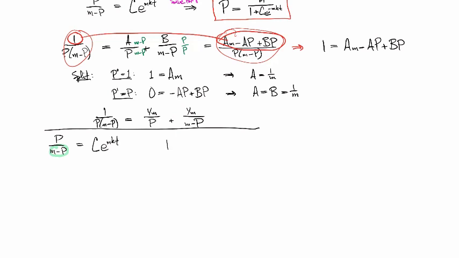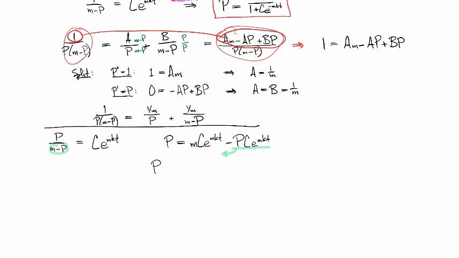So multiplying across, we have p is equal to mc e to the mkt minus pc e to the mkt. And then I can take this part and put it back over to the left. So I have p plus pc e to the mkt equals mc e to the mkt.